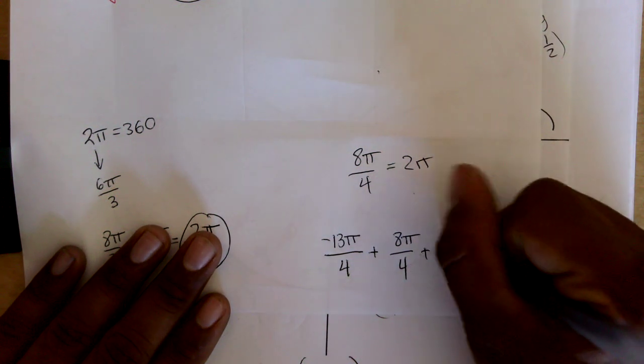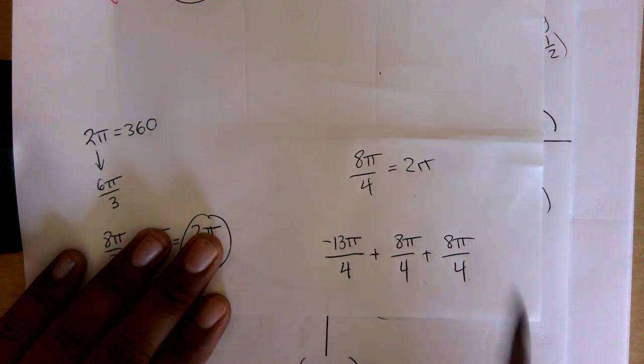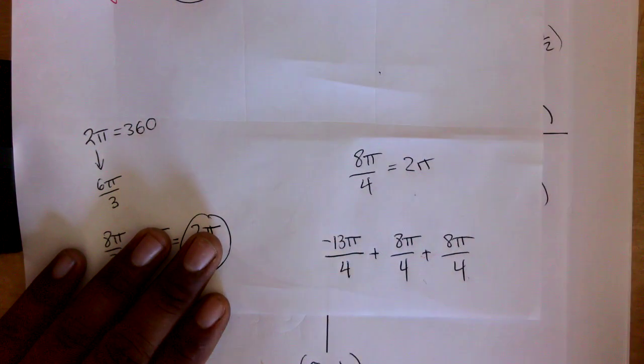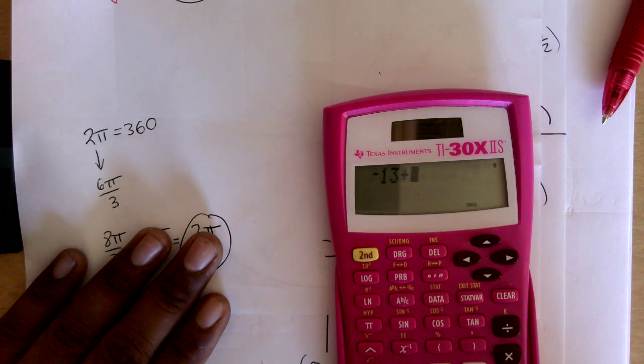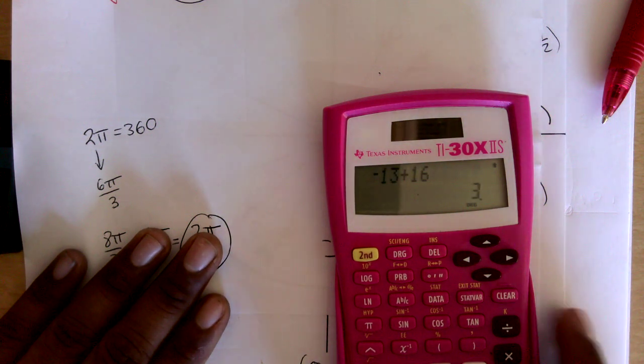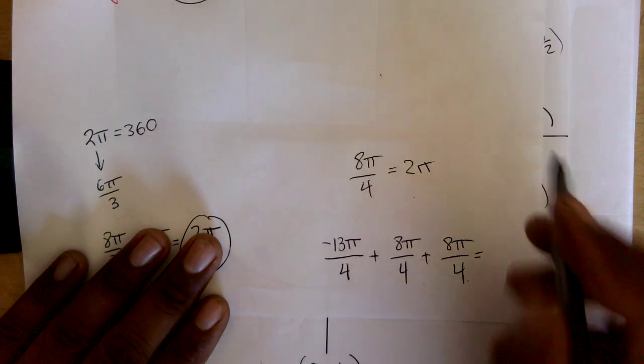So I'm going to have to add one more 8 pi over 4. Each of these represents a whole circle rotation so that we can use our unit circle. So I'm really adding 16. If I said negative 13 plus 16, I would get 3 pi over 4. Again, you can kind of just ignore the pi's when you're adding.